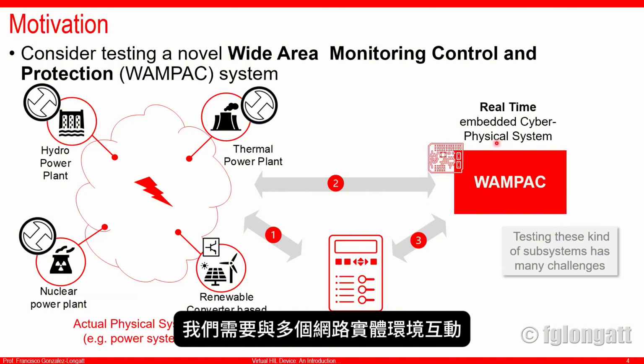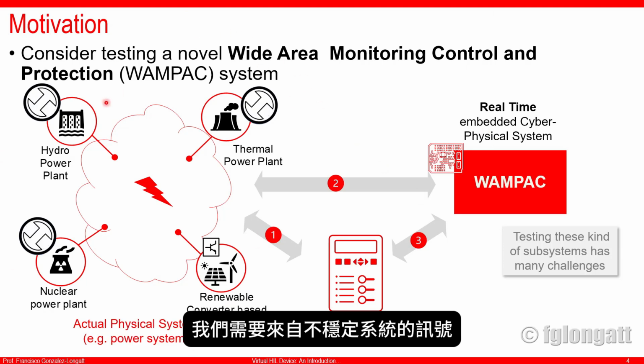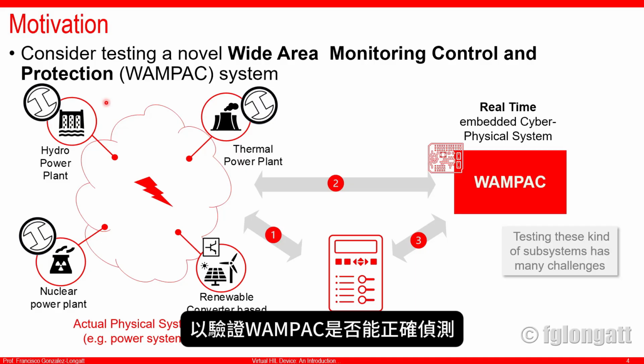But as you must be aware, when we are working in wide area applications, we need to have signals coming from the real power system. Signals like voltages and currents that can be in the form of a communication protocol like IEC 61850 or something like that, okay?